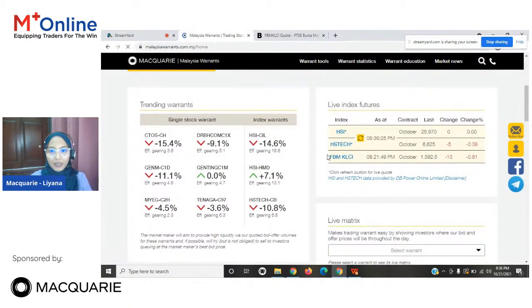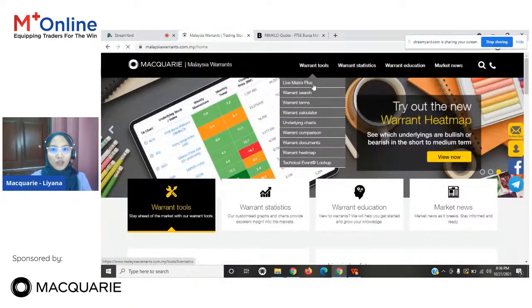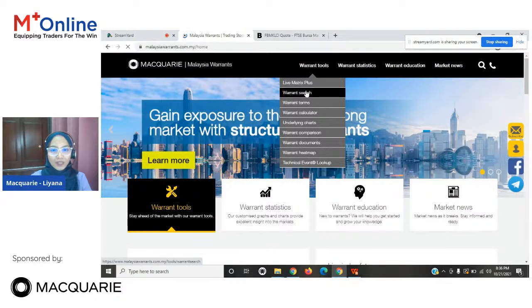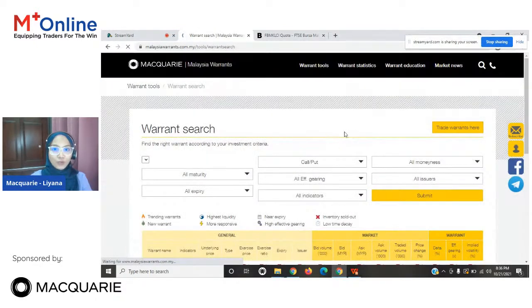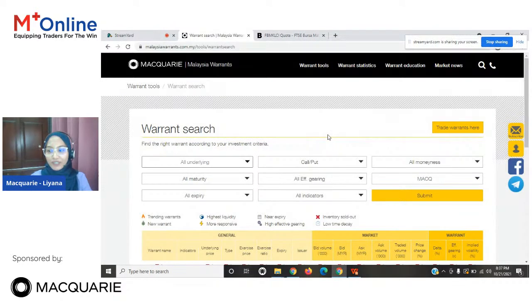Kita tengok hari ni, KLCI hari ni turun. This is KLCI futures. So hari ni market dekat Malaysia jatuh. Okay, so you tengok jatuh. So now dekat homepage pergi dekat warrant search. Yang ni untuk kita compare effective gearing, because topik kita, kita cakap mengenai effective gearing.